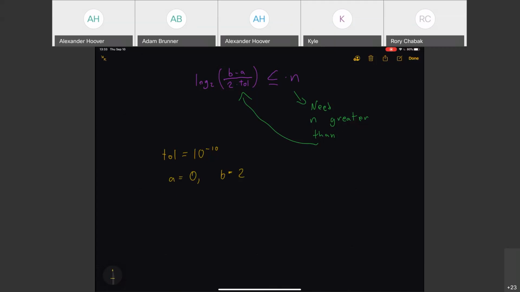So we have log base 2 of (B minus A) over (2 times tolerance), so log base 2 of 2 over (2 times 10 to the negative 10).